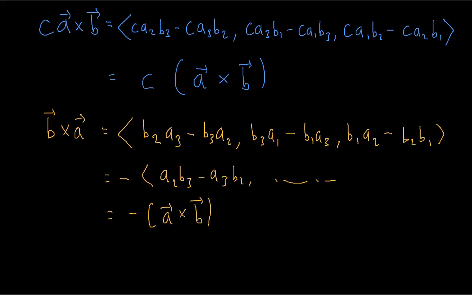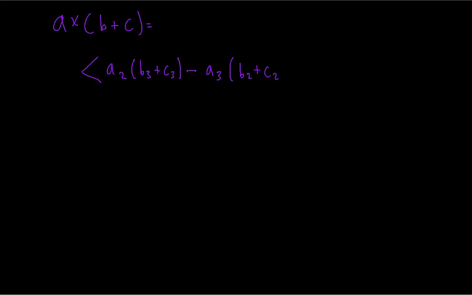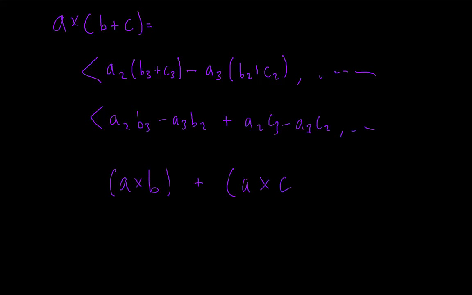The commutative property does not hold for the cross product. a cross b is the opposite of b cross a, meaning they have the same magnitude but opposite directions. The distributive property does hold for a cross product. So if we have a cross in parentheses b plus c, that's the same thing as a cross b plus a cross c.